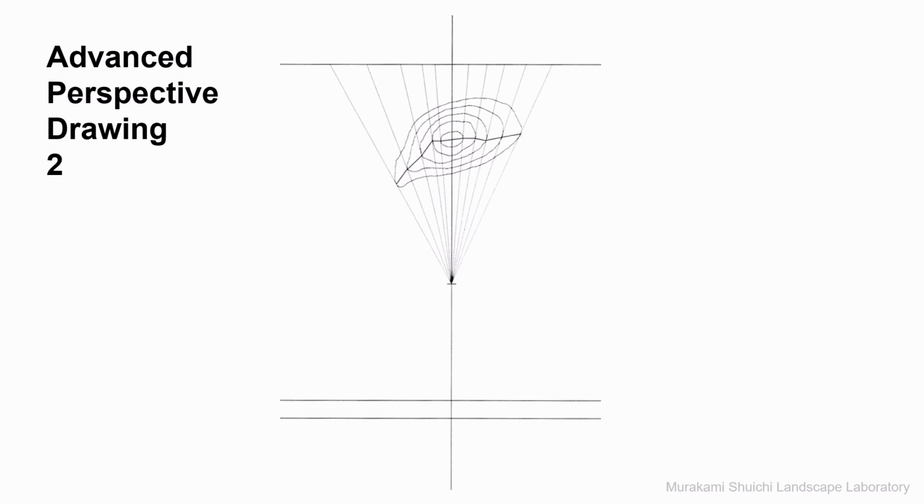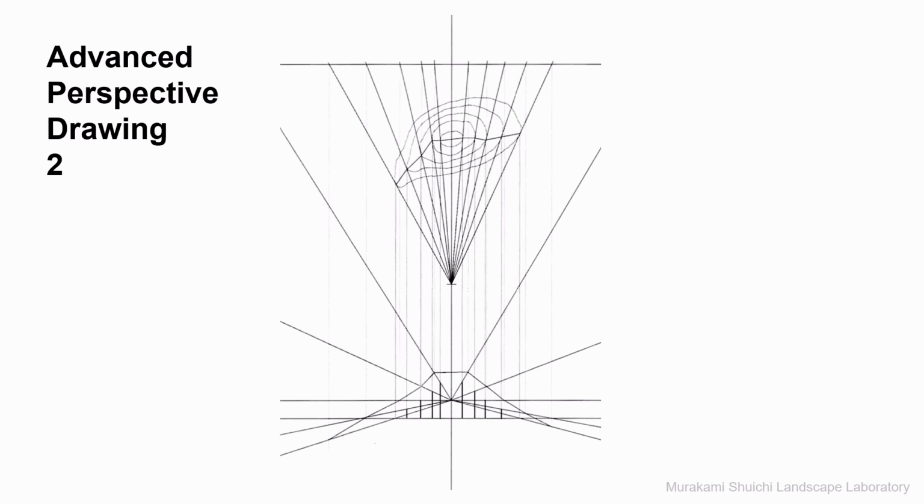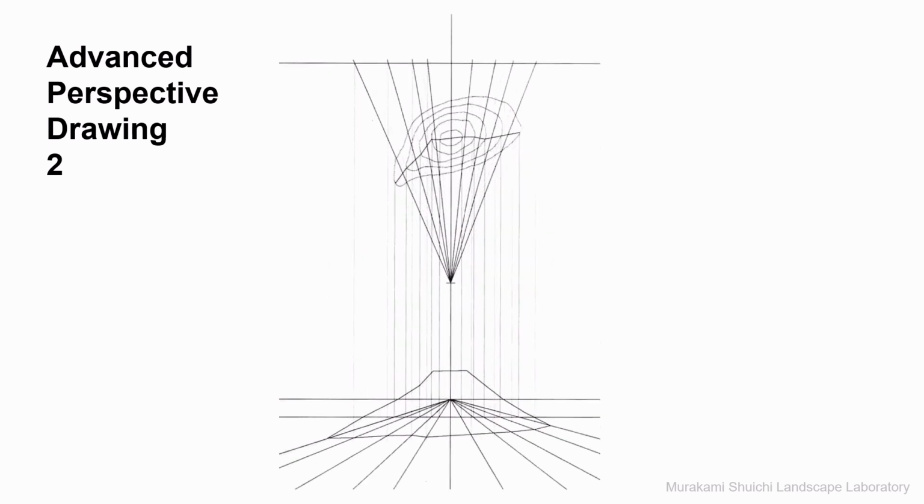By tracing the ridgeline from the contour lines, projecting its key points, and connecting them, the shape of the ridge can be drawn. Likewise, by projecting the key points along the lowest contour line on the viewpoint side and connecting them, the foot line of the front slope can be represented.